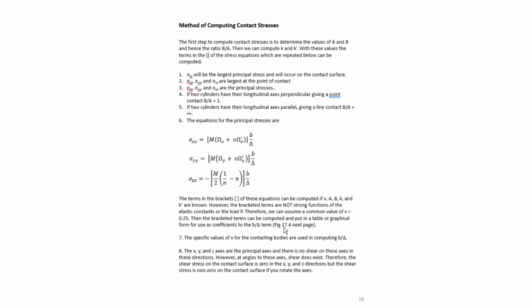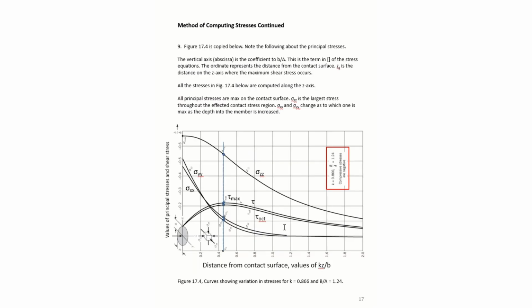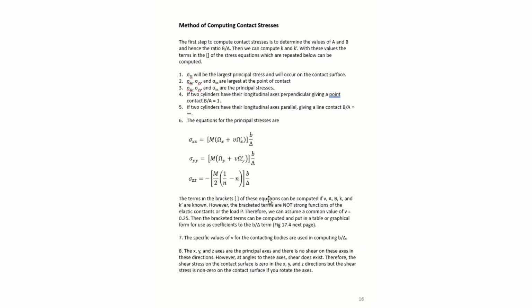We'll use figure 17.4 on the next page to look at some of the stresses that we get under these conditions. But to continue with the method, after we've done this, we'll use the specific values of Poisson's ratio for the contacting bodies to compute B over delta.